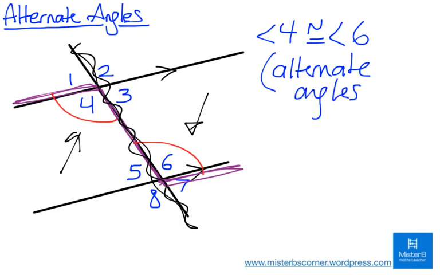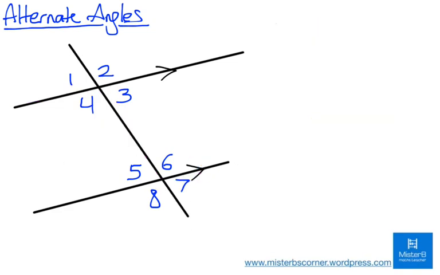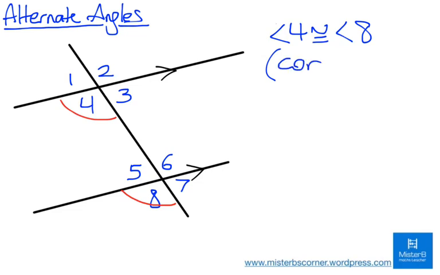Now the reason why these two are equal is that, first of all, angle 4 is corresponding to angle 8, right? Sorry, they are congruent. I just said the reason. It's corresponding angles.